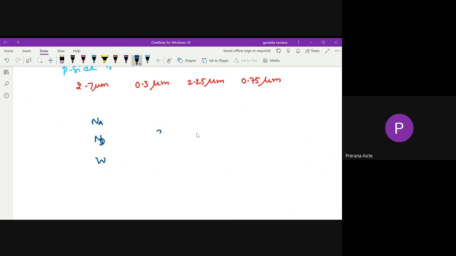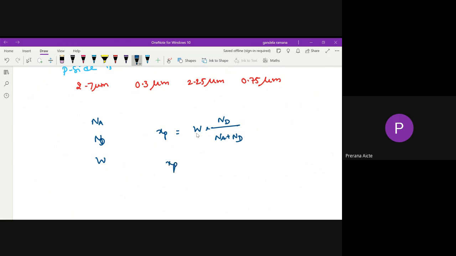So Xp is the width on the P side, which is what we want to find. What is the formula? Width on the P side is total width into Nd upon Na plus Nd.